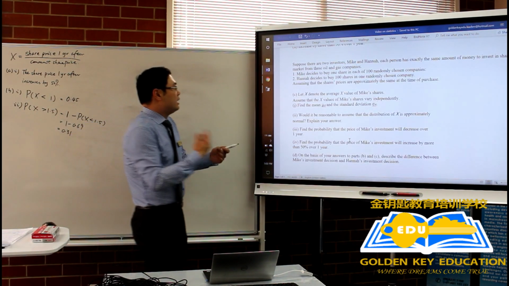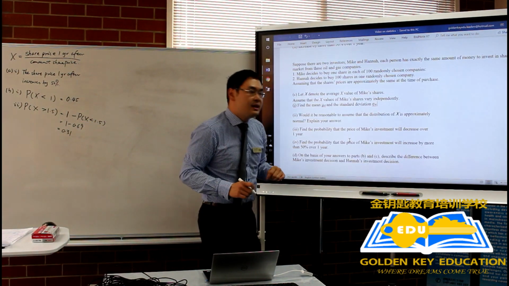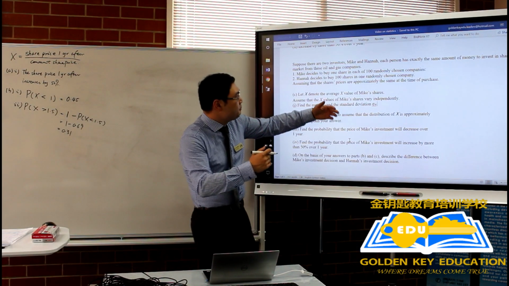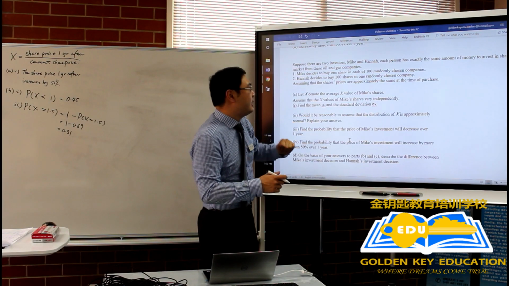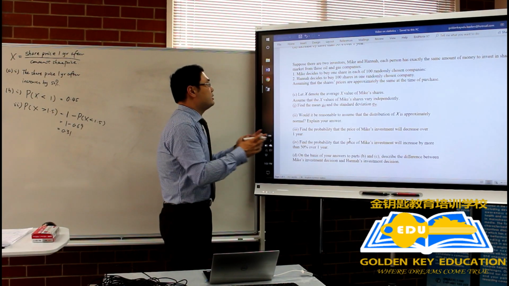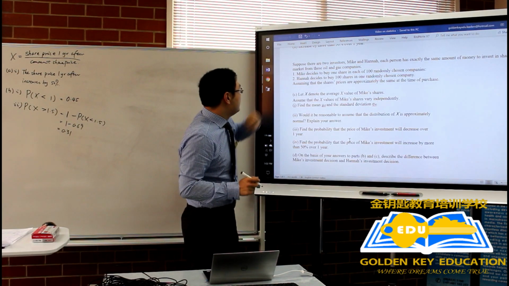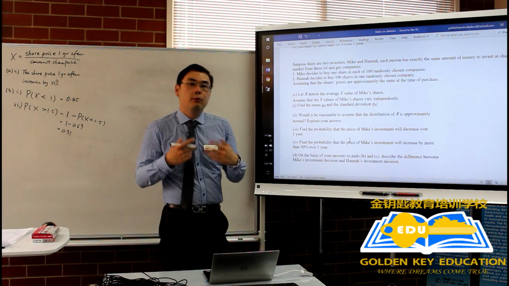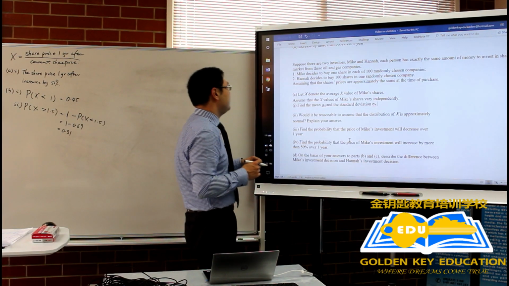Again, this is a continuing question from the previous sections. Right now, we've got two investors, Mike and Hannah. Each person has exactly the same amount of money to invest in the share market from these oil and gas companies. Number one, Mike decides to buy one share in each of 100 randomly chosen companies.